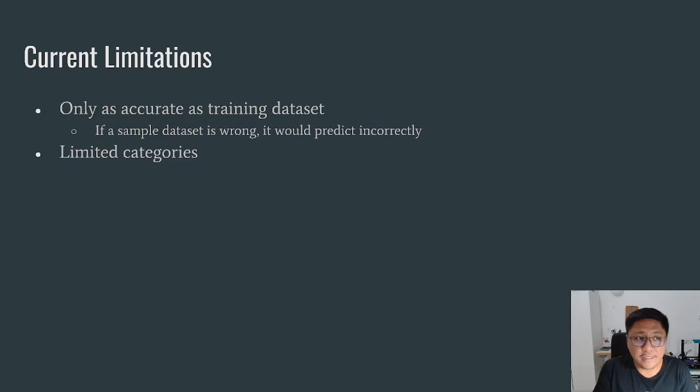All right. So as you've seen, there are current limitations with my implementation of this web app. I mentioned that the model is only as accurate as the training dataset. Meaning, for example, let's say I want to train it to detect UPX, but I made a mistake.